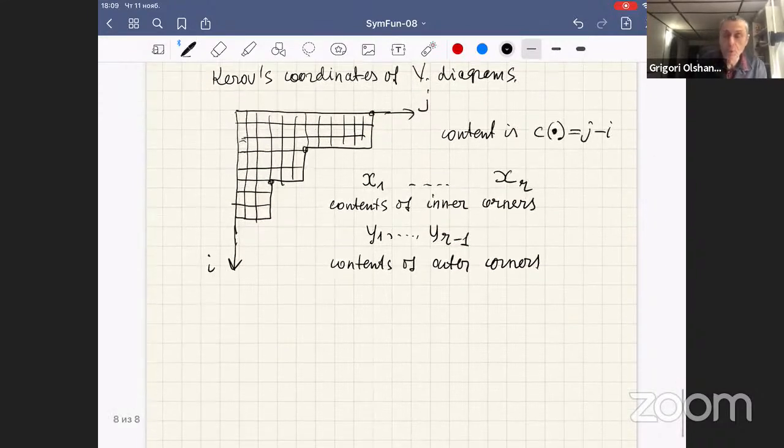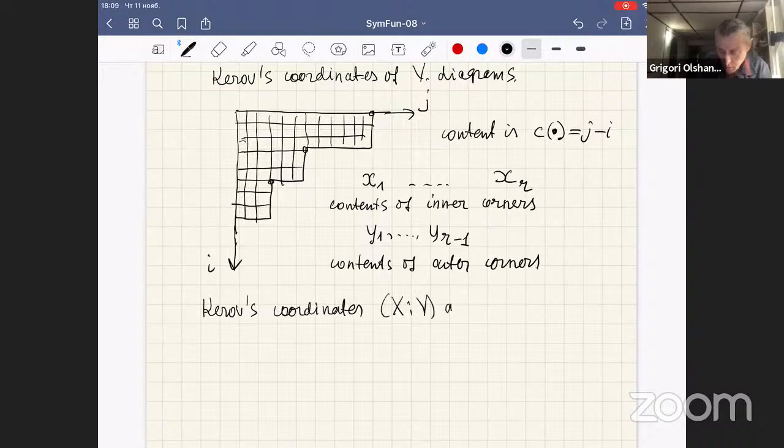These are the Kirov coordinates. It's evident, and this was an exercise, that the number of x coordinates is the number of y coordinates plus 1.